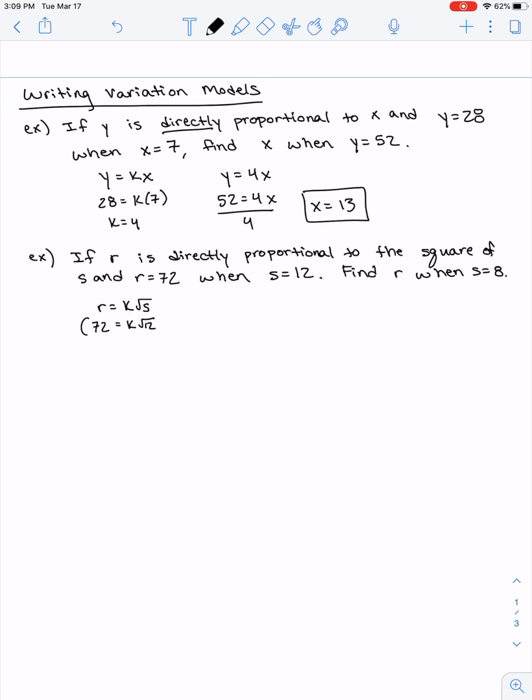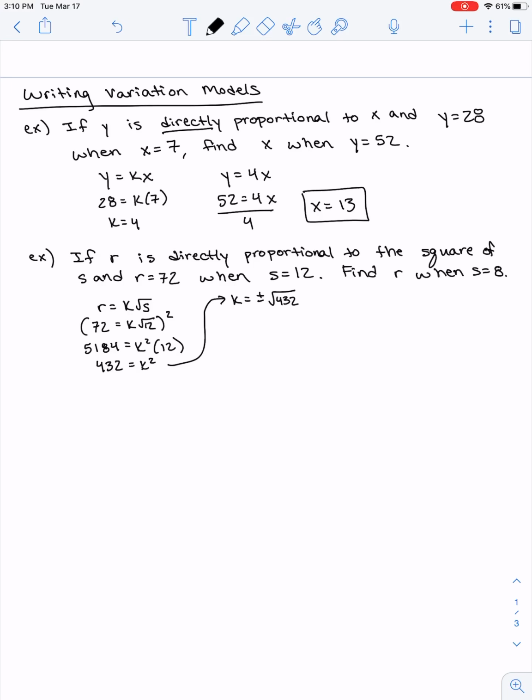So if we square both sides to get rid of that square root, we could have 72 squared is equal to 5,184 is equal to k squared times 12. So I'll divide by 12. And I get 432 is equal to k squared, which means that k is equal to plus or minus the square root of 432, which is not a perfect square, and that is okay.